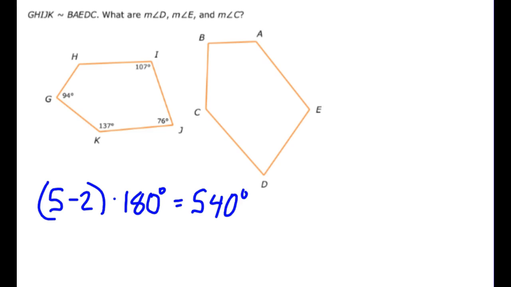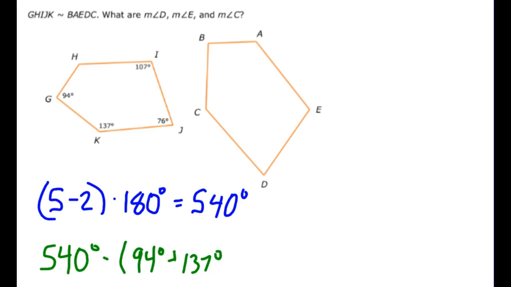So now we can take 540 degrees minus the sum of the other 4 interior angles: 94 plus 137 plus 76 plus 107. And that's going to be equal to 126 degrees. So that's the value for angle H.